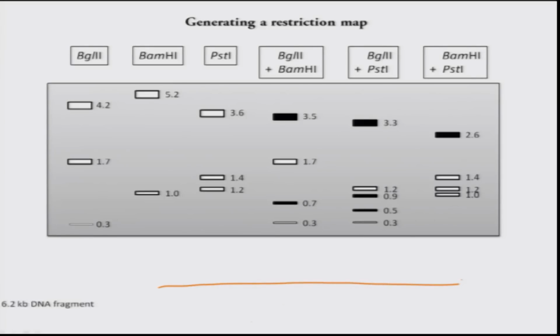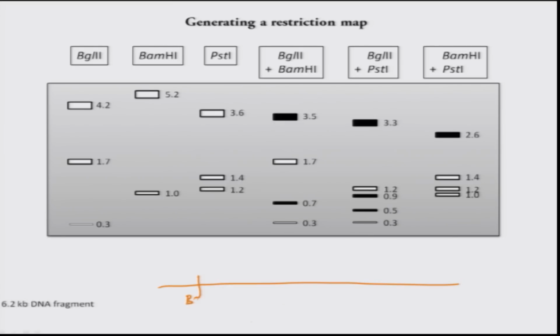So let's draw a line, because it's a linear fragment. If you look at the double digestion for BGL2 and BAMH1 first, we see that the new bands, which are black in color, are a 3.5 kb band and a 0.7 kb band. Now if you look at the BGL2 single digestion, there is a 4.2 kb band. So it seems that that is being cleaved by a BAMH1 site into two, 3.5 and 0.7. That is what we draw here.